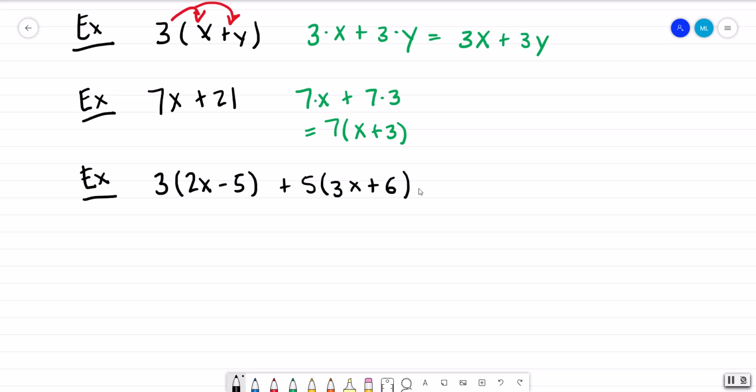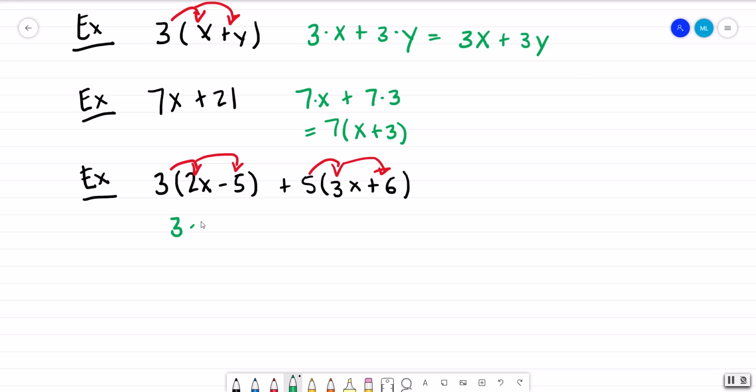We want to simplify this by using the distributive property. That just means we multiply the 3 and the 5 respectively. So we have 3 times that and 3 times that, and then 5 times that, and 5 times this.